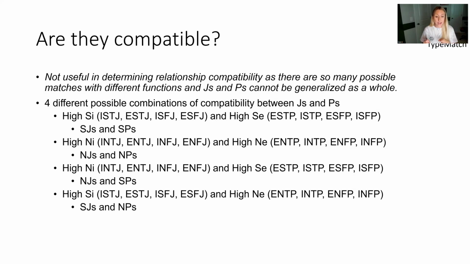You can have a high SI, SJs with SPs, high SI with high SE, high NI with high NE, that's our NJs and NPs, high NI with high SE, that's our NJs and SPs, and then high SI with high NE, that's our SJs and NPs. So I'll go through each one of those combinations.